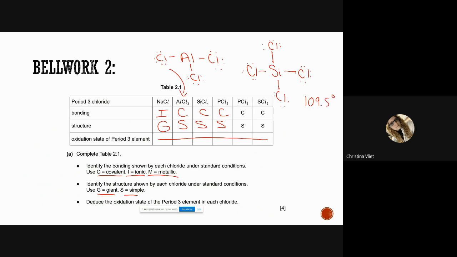What's the name of the shape? Tetrahedral. Is it polar or not polar? Polar. What type of hybridization does it have? sp3. How many sigma bonds does it have? 4. How many pi bonds does it have?